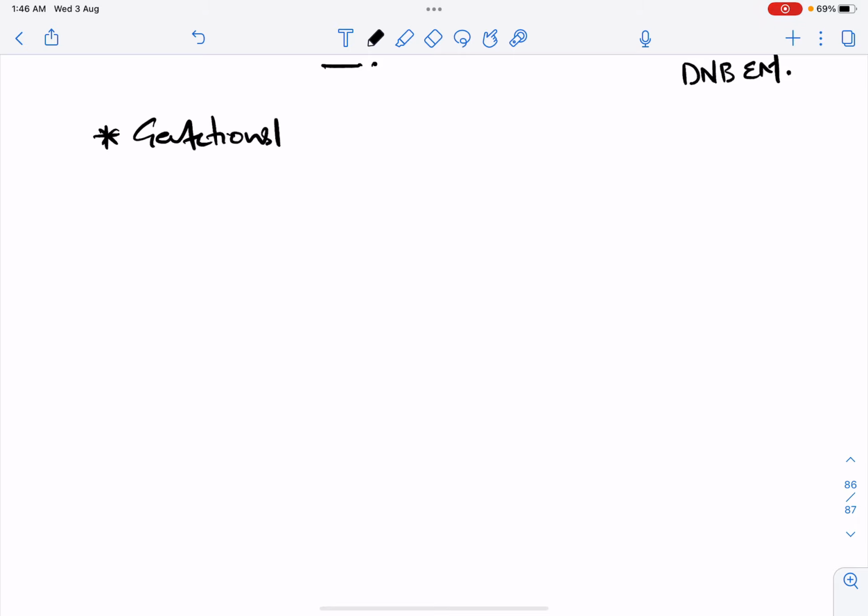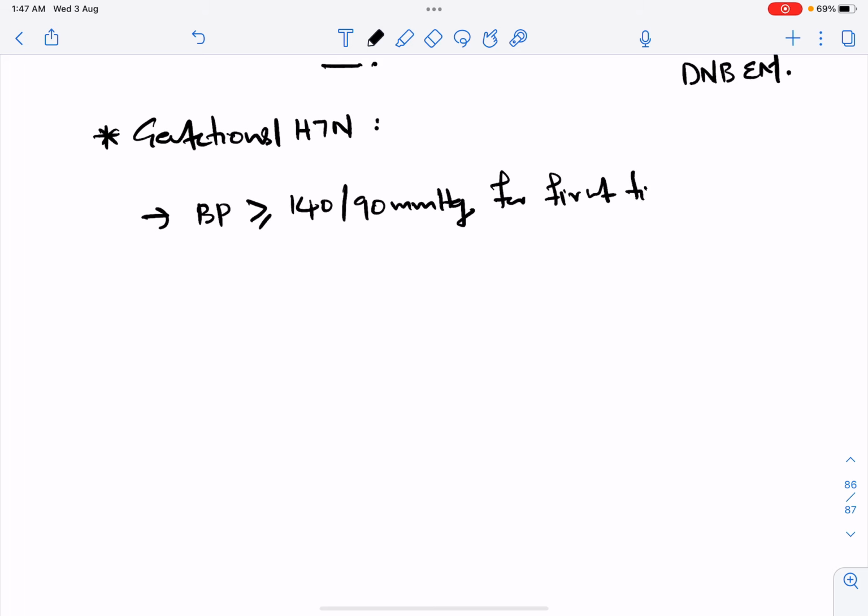Gestational hypertension is defined as blood pressure more than 140 out of 90 millimeters of mercury, detected for the first time during pregnancy, diagnosed after 20 weeks of gestation.